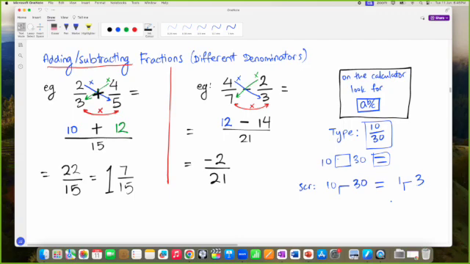Let me just see. Yeah, that's how it does look. Right, so that's how it looks on the calculator. 1 over 3. You could do mixed numbers on the calculator too.